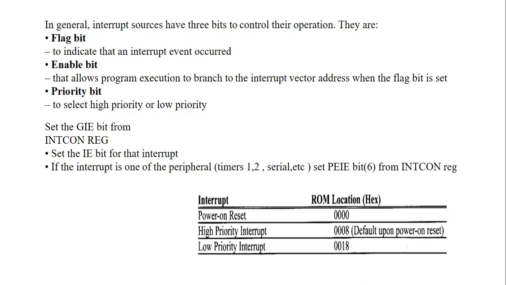For example, there is an automation. In the automation sequence, suddenly an accident happens. So what task the microcontroller or automation panel has to do is already written in the interrupt service routine.